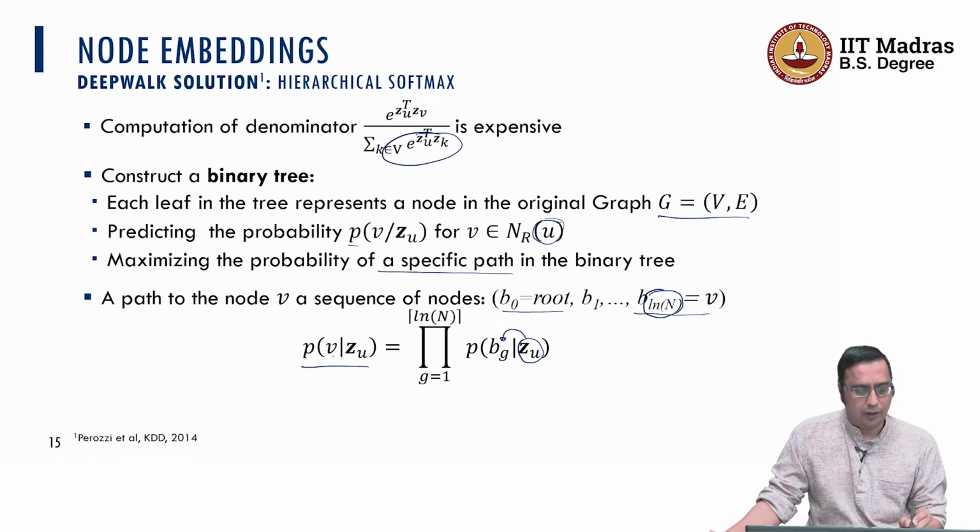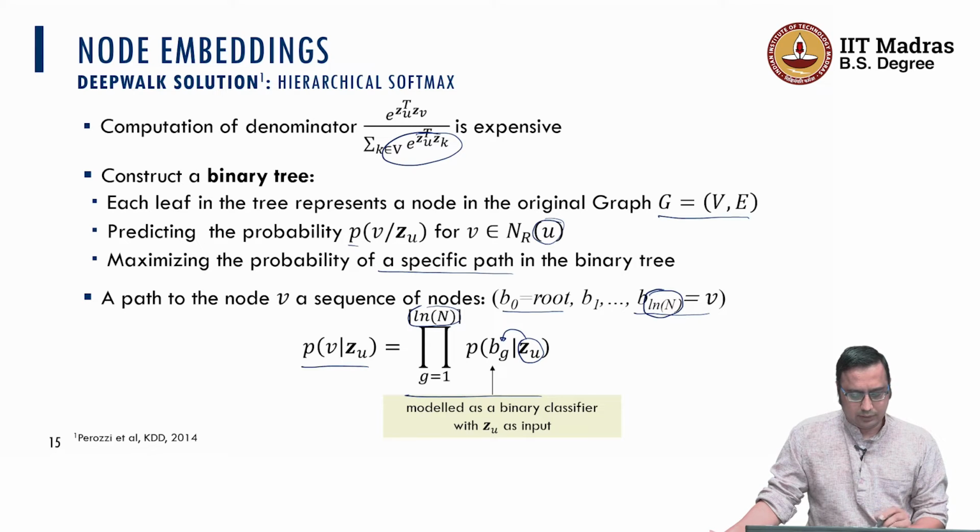My total probability of V given ZU becomes the probability over a specific path from the root node to V, as a product. And here the n ln n basically tells you how many nodes there are between the root and the node V.